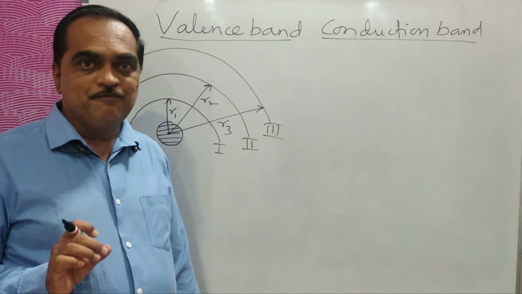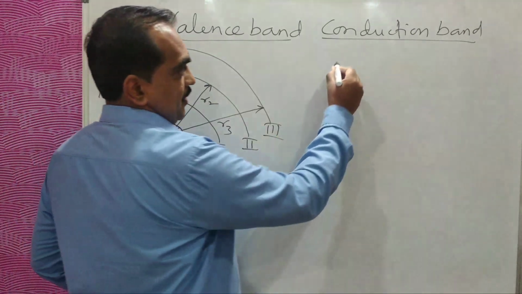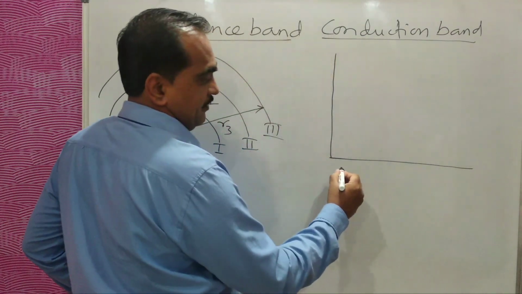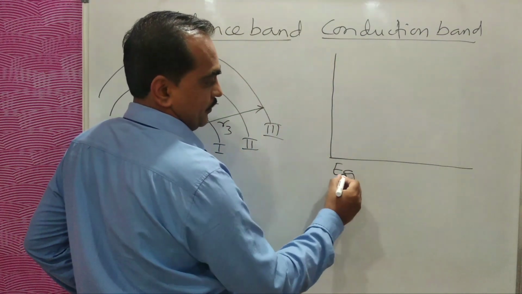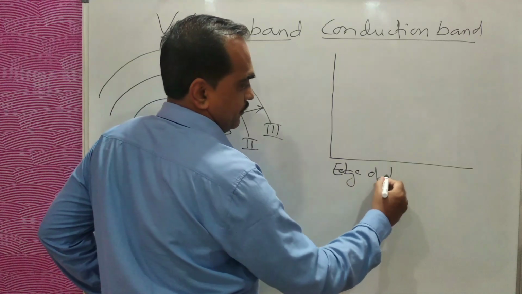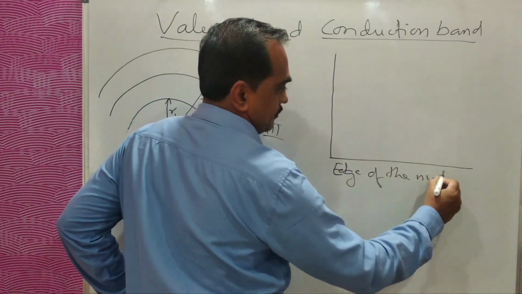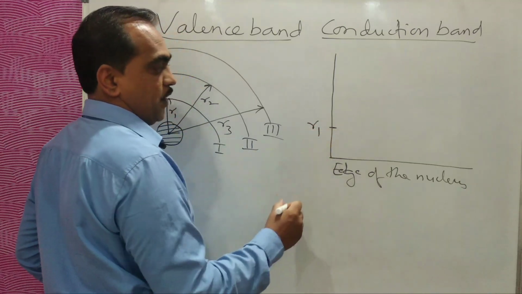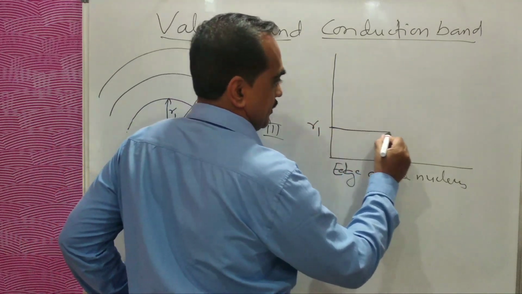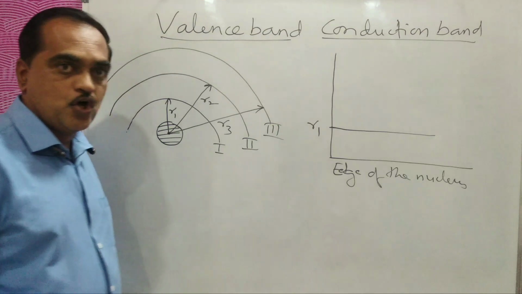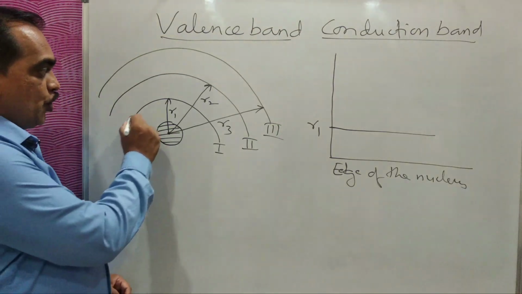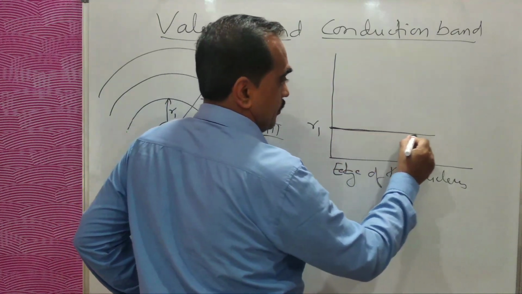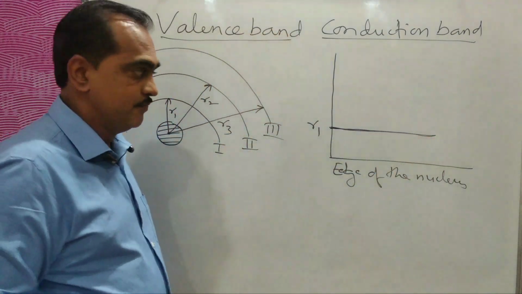Now if you mark that energy on a graph, this is the edge of the nucleus, and say this is distance radius 1. This will be the energy level marked by orbit 1, which is the energy of orbit 1.